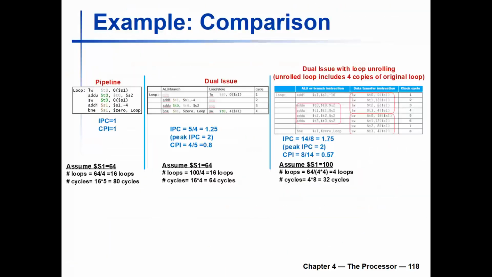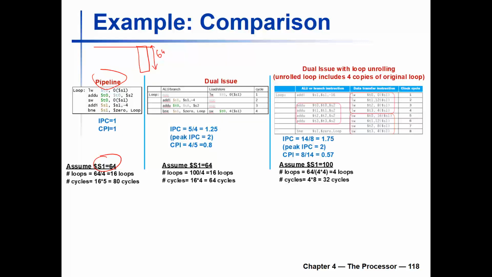Let's say I take this program and run it on a simple pipeline. Assume, for example, that S1, which is the length of the array, is 64 bytes.